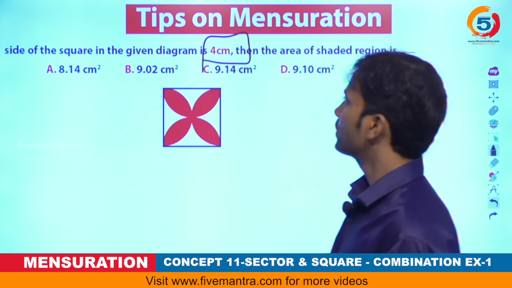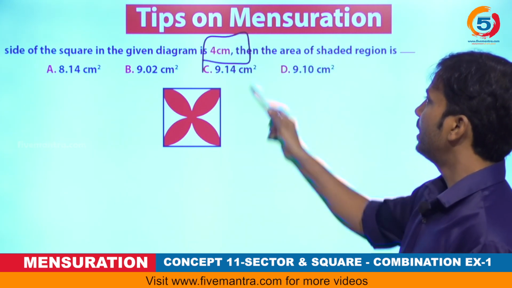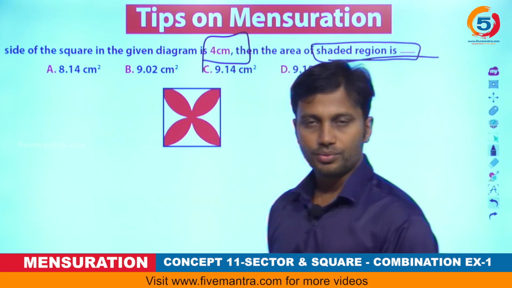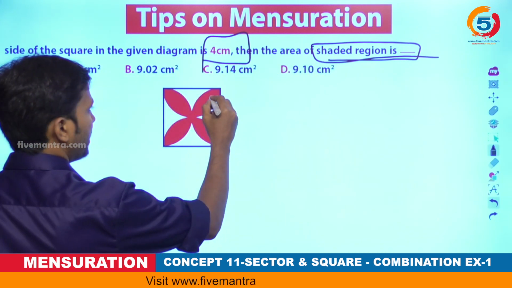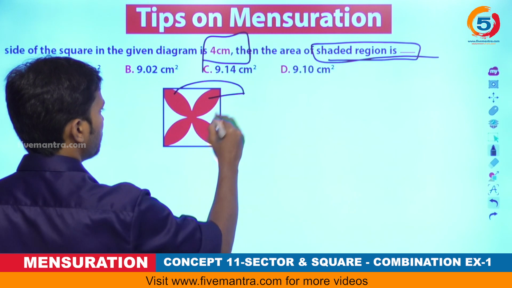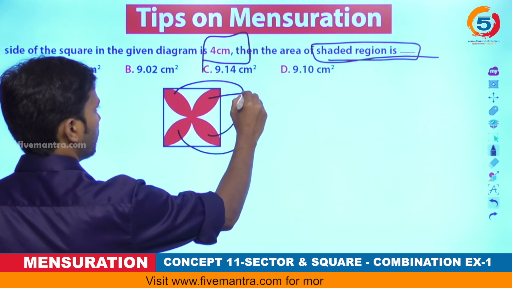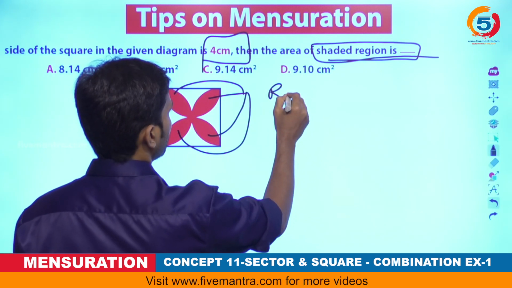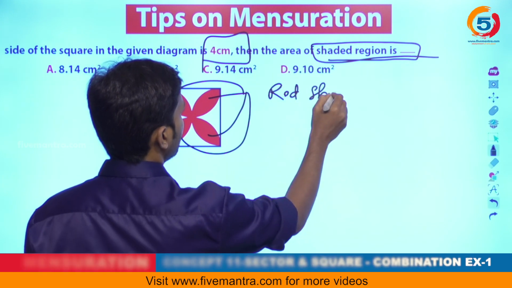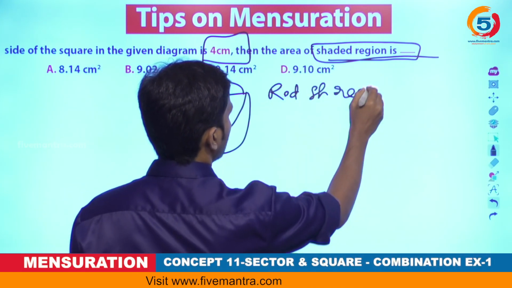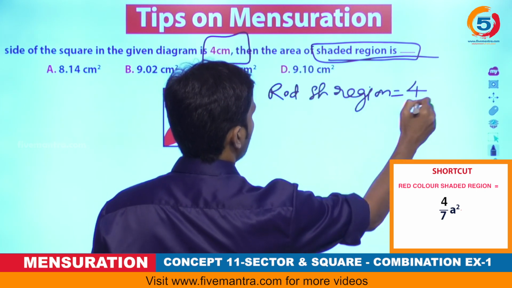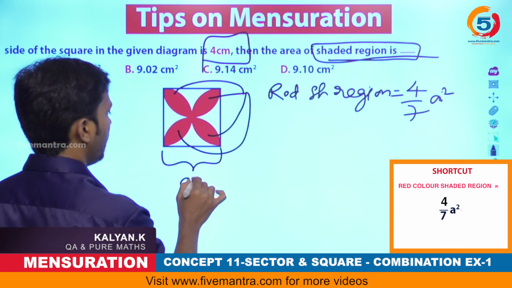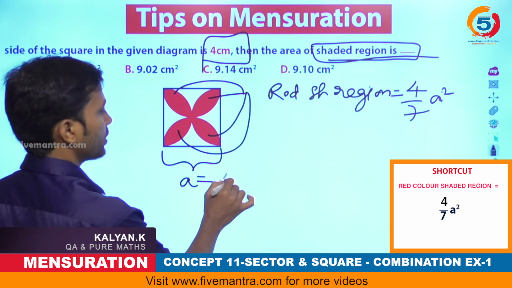Then the area of the shaded region, this red colored portion, the red shaded region, is 4 by 7 A square, where A is the side, and the value of the side is given as 4 centimeters.